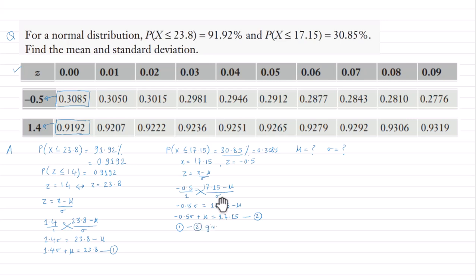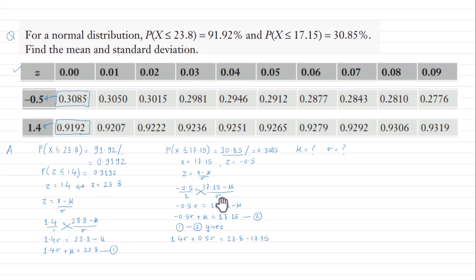So this gives me 1.4 sigma, minus will become plus 0.5 sigma, and then mu minus mu will cancel, and this will be equal to 23.8 minus 17.15.